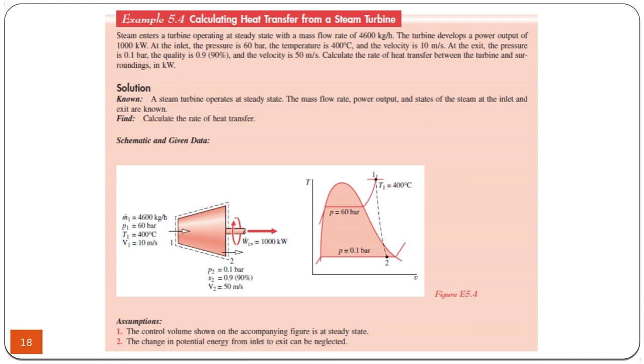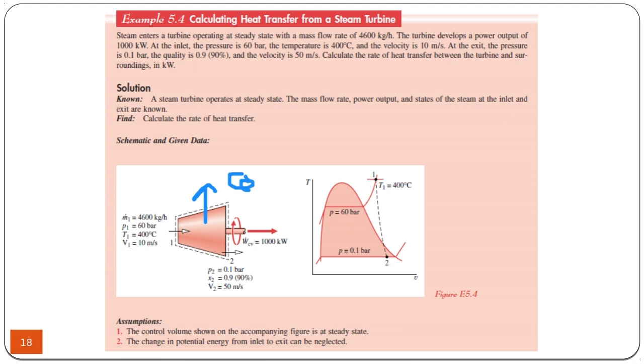It's asking for the heat transfer rate between the turbine and the surroundings. It doesn't say an insulated turbine, so we have to calculate the heat transfer between the turbine and the surroundings.